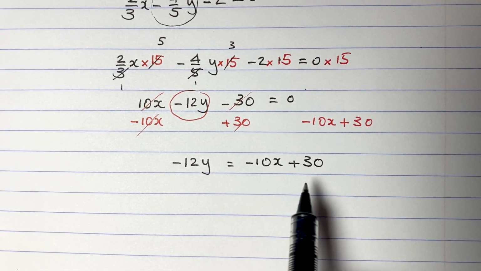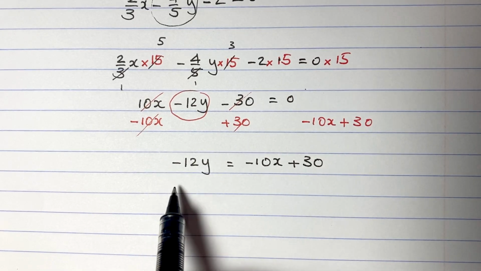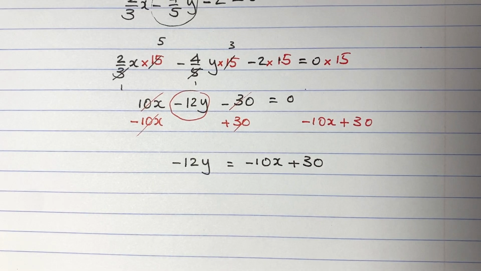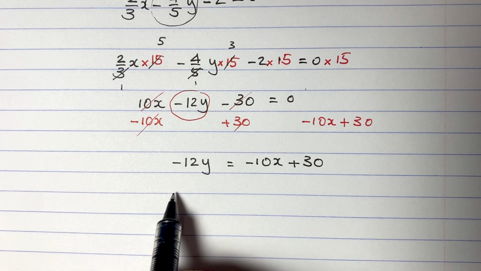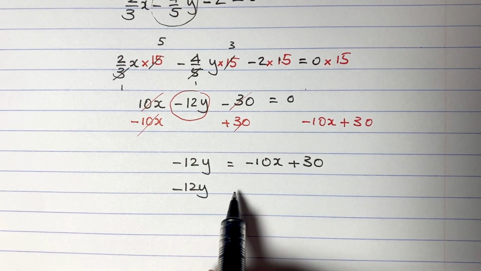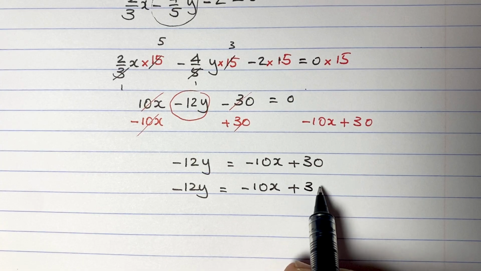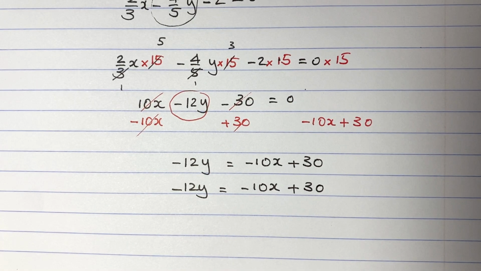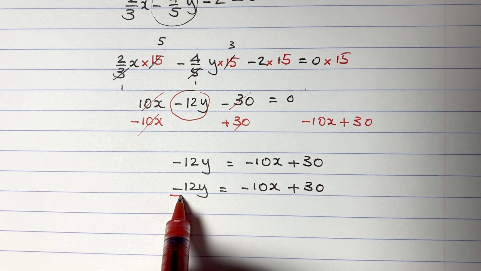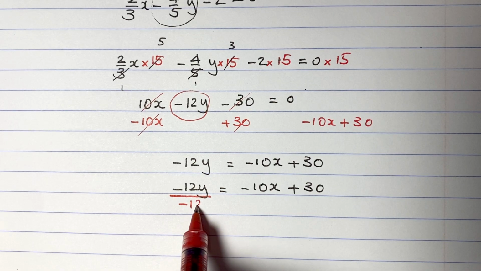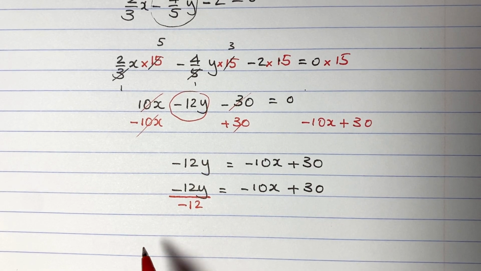To find m and c, y has to be a single plus 1y. So in this case, I'll just write this again to show you how I reduce that to a single 1y. Minus 12y divided by minus 12 makes plus 1y.